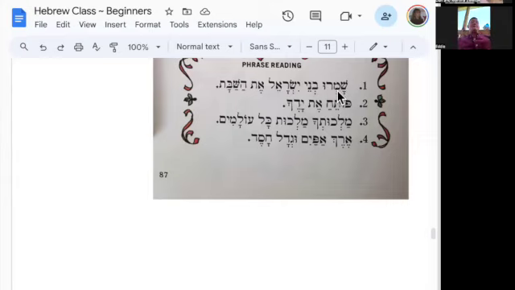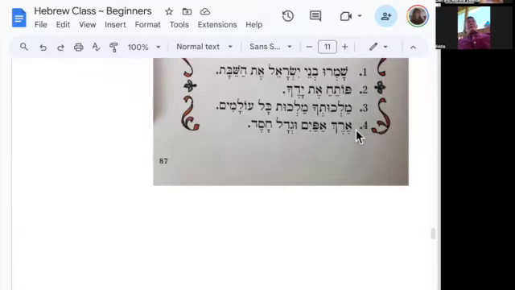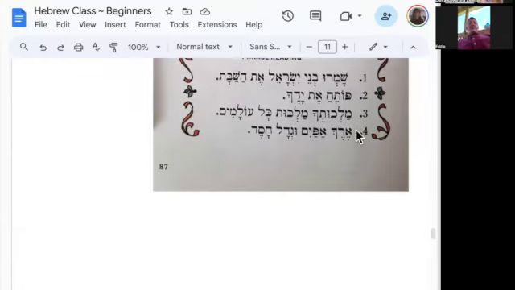Shamru means kept or observed. The children of Israel kept et HaShabbat, the Sabbath. So it's the past tense. Observed, like Jews nowadays observe it.